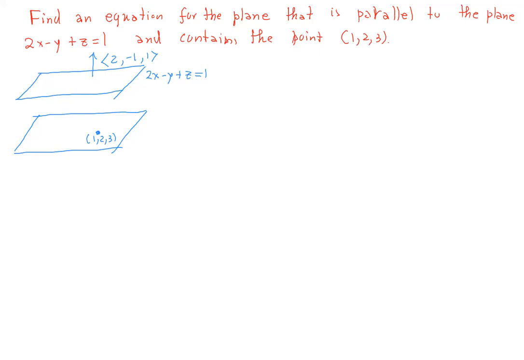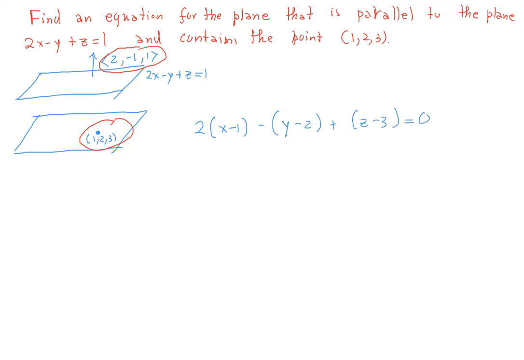So what do we need to use? We can use this vector, this point, and what is the equation that we get? We're going to get 2 times (x minus 1) minus (y minus 2) plus (z minus 3) is equal to 0.